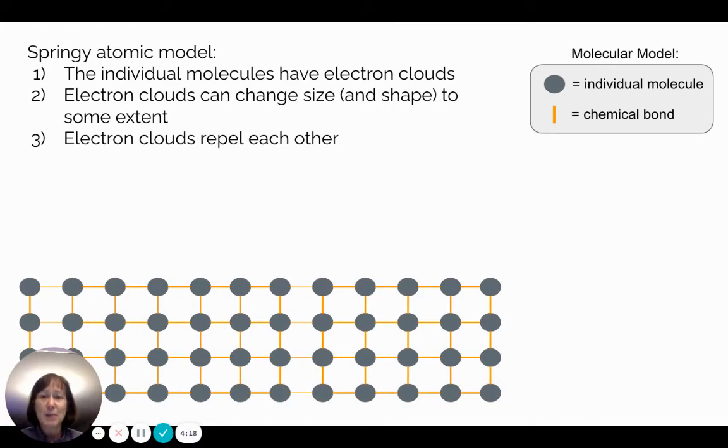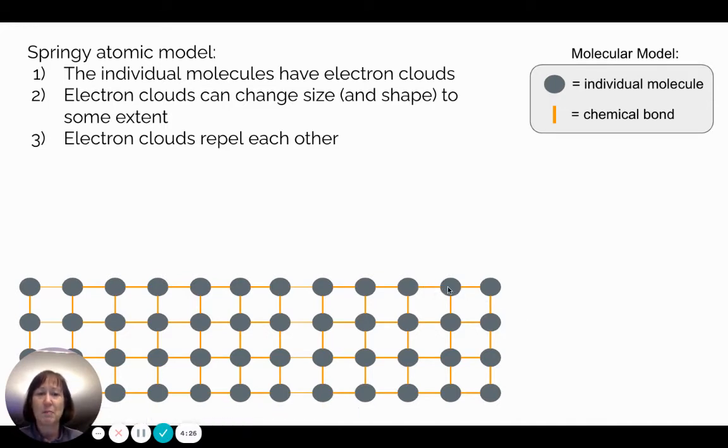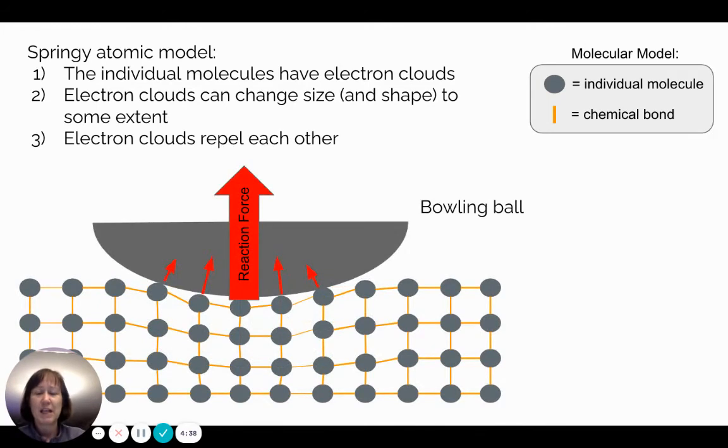So our example is we have the tabletop is made of atoms or molecules, and in between the atoms or molecules, we have bonds, and these bonds are actually the overlap of electron clouds. So when we put something on the table, like a bowling ball, again, we can't see this with our eyes, but we move the electrons closer to each other.